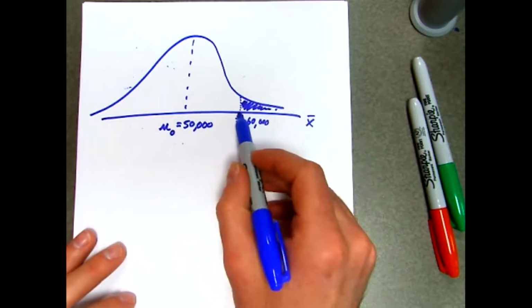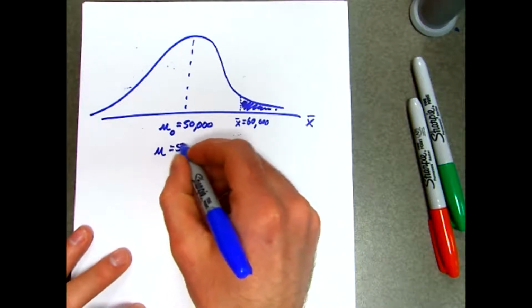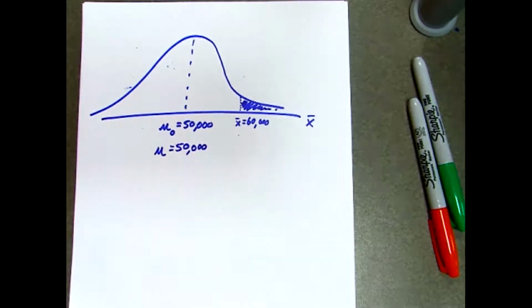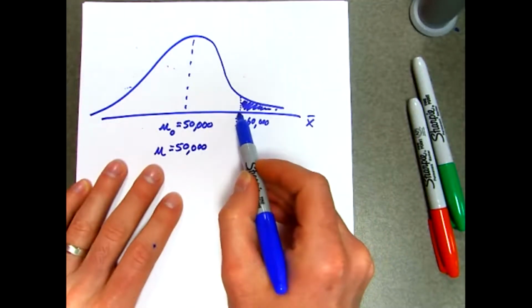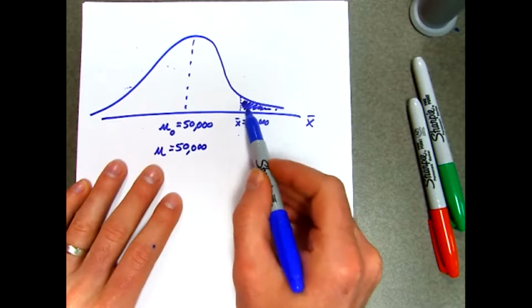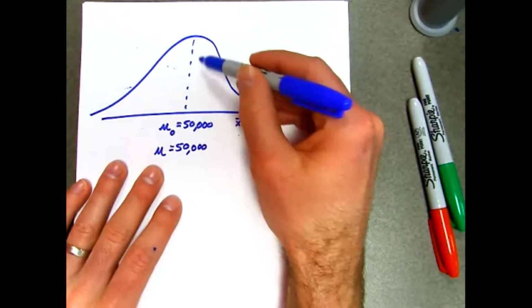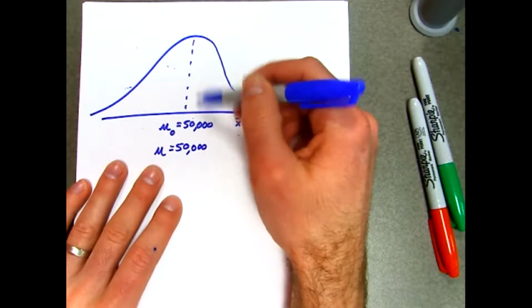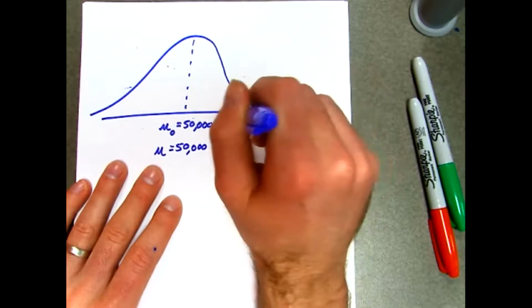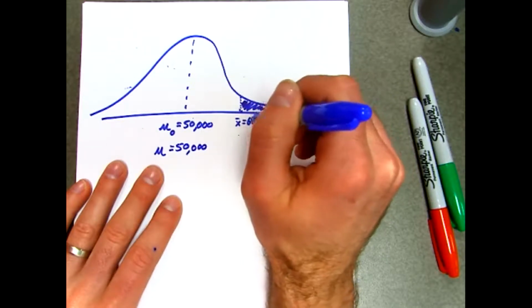But a type 1 error would be if I make a rejection after seeing this sample mean, and then I end up finding out that actually the true mean was what I assumed it to be, right? So I made a rejection even though I shouldn't have, but it was because I saw a sample mean that had a relatively low probability of occurring. More often than not, if the true mean was 50,000, I would see values a lot closer, 51,000, 52,000, right? I just happened to have a sample mean value that was a little bit less likely.